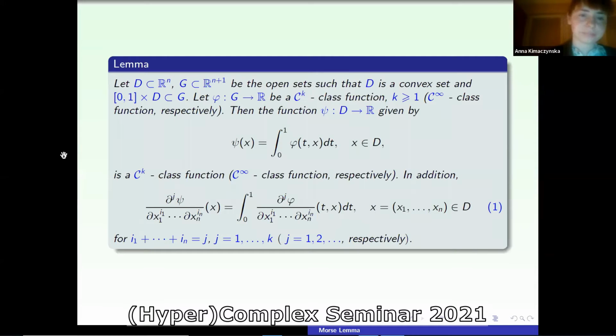In addition, the following equation given by the integral holds.